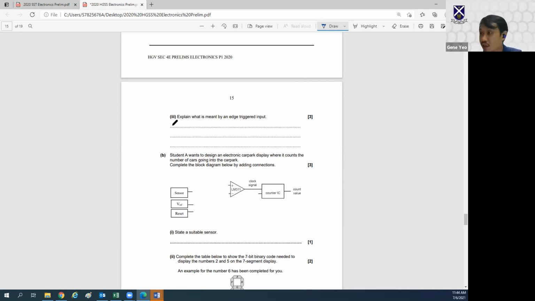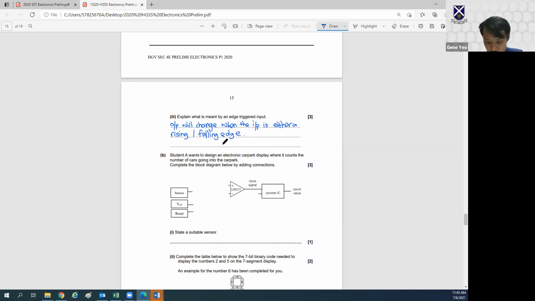So basically, the output will change when the input is either a rising or falling edge.